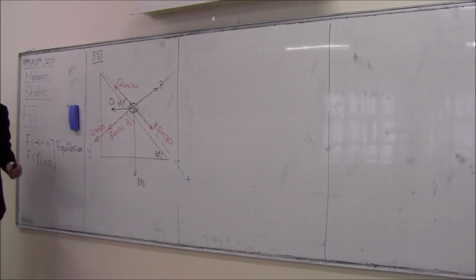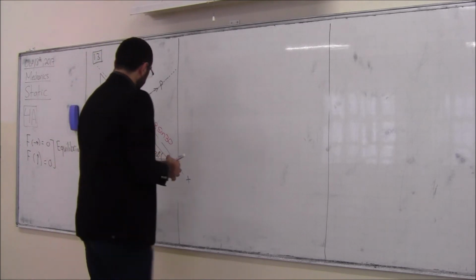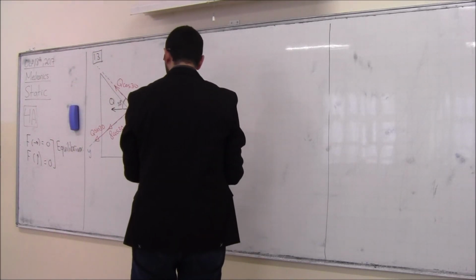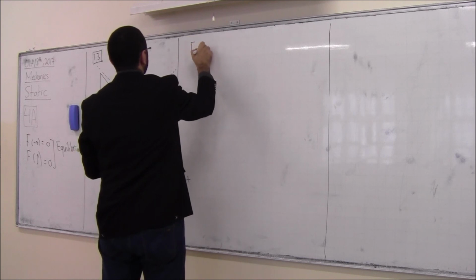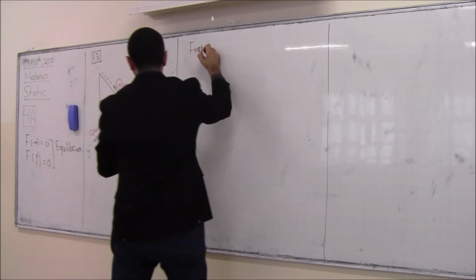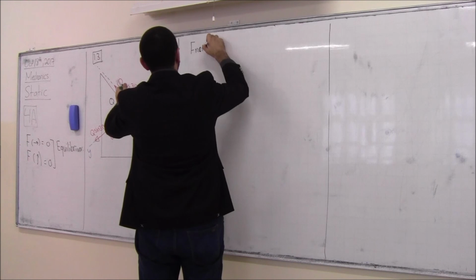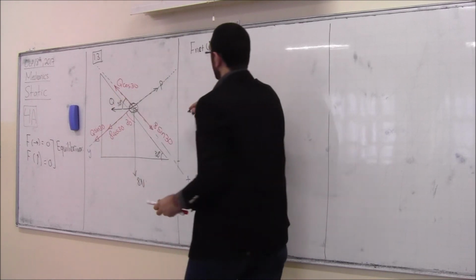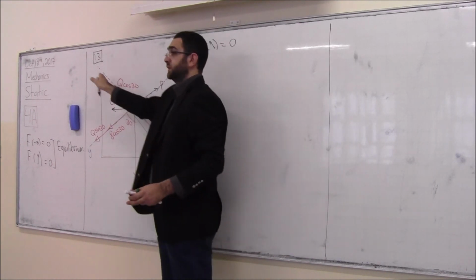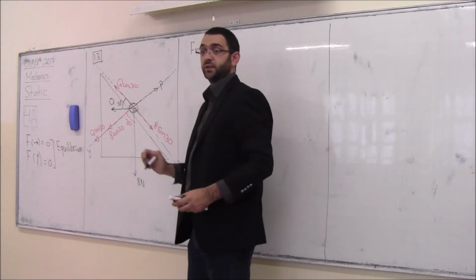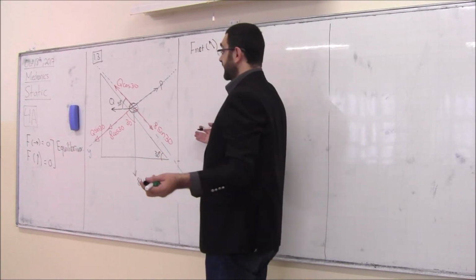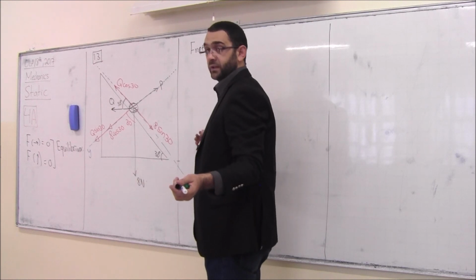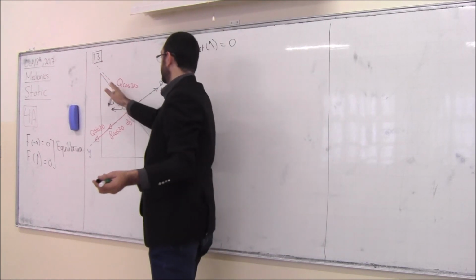Now I have to use Newton's law. F net along this axis is 0. F net along this axis is 0, clear? Because it's in equilibrium.